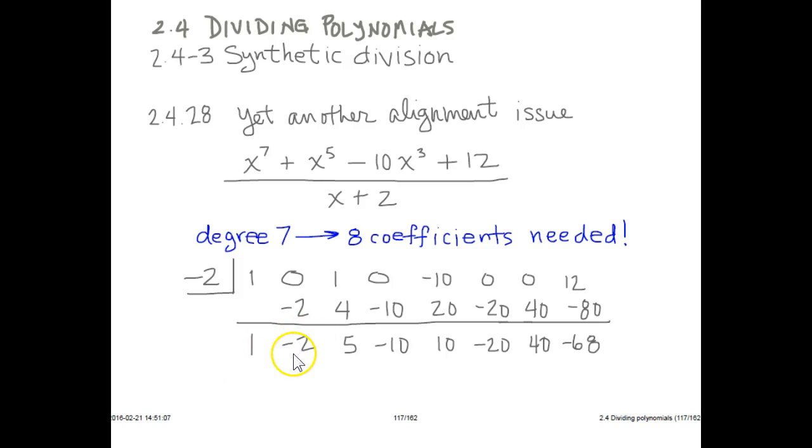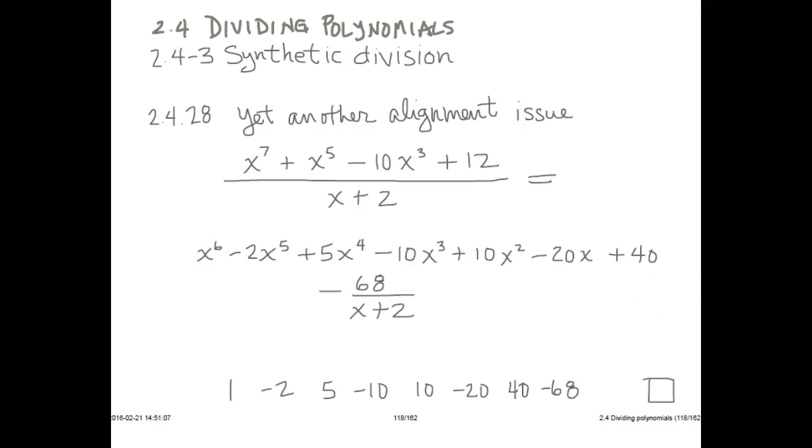Then I just scroll along, minus 2x to the 5th, 5x to the 4th, etc. And I have a non-zero remainder in this case. There's my result. These are the coefficients of the result that I copied from the previous page.